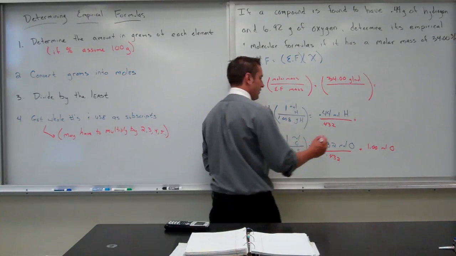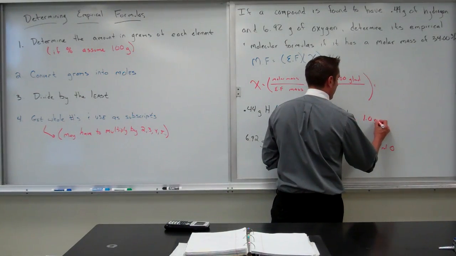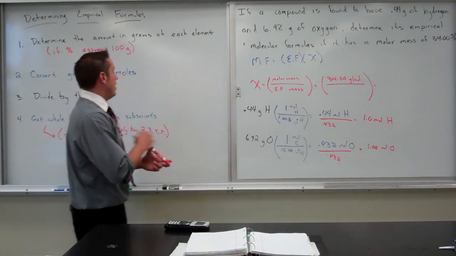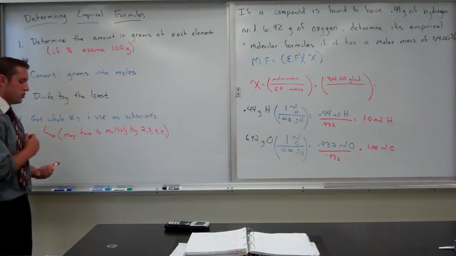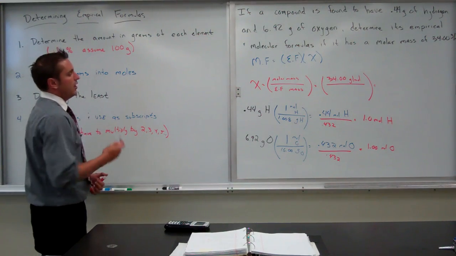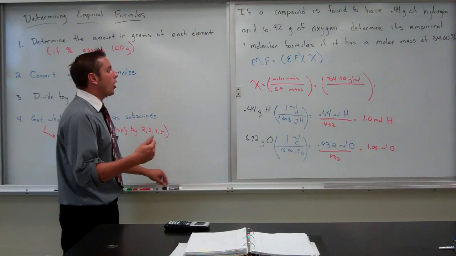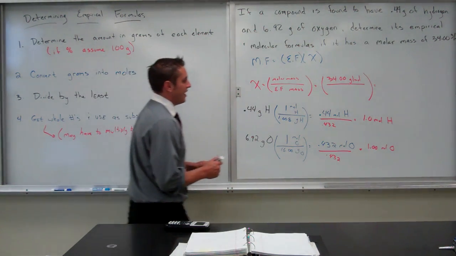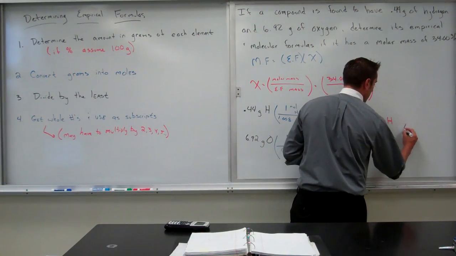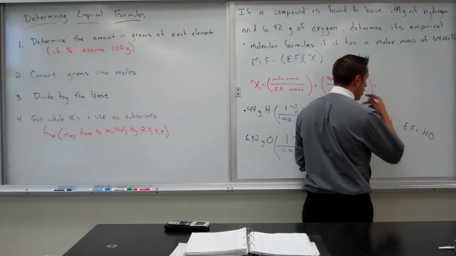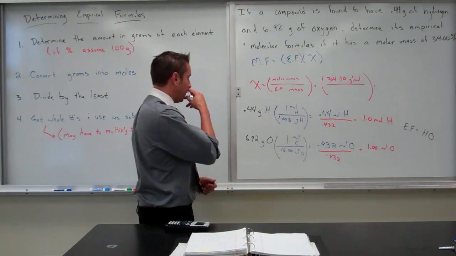We only get 2 sig figs though, so we have to call that 1.0 moles of hydrogen. Then we get whole numbers and use those as subscripts if they're close enough to whole numbers. 1.0 and 1.00 are plenty close enough to say that our empirical formula is going to be HO or OH. It does not matter the order.